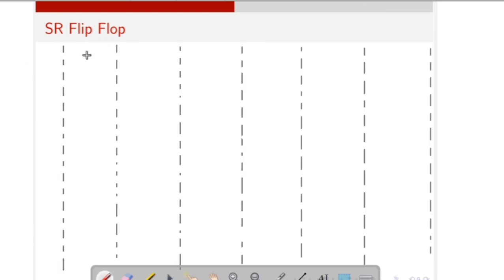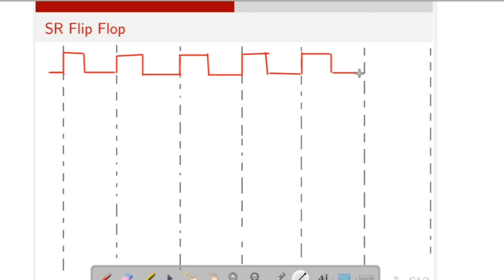Next we can draw the waveform of this SR flip-flop. So first we draw the clock signal. Okay, so clock signal has 1 and 0. This is the first clock pulse, then second clock pulse, then third clock pulse, then fourth clock pulse, then next one.